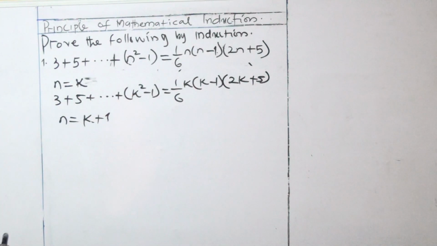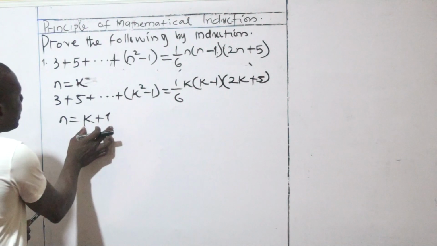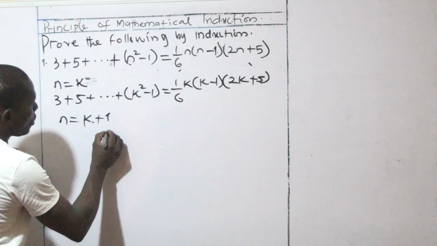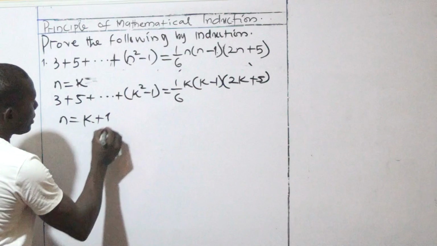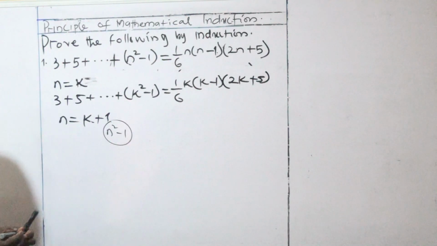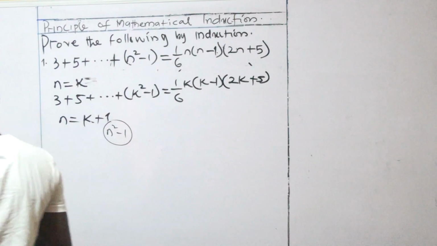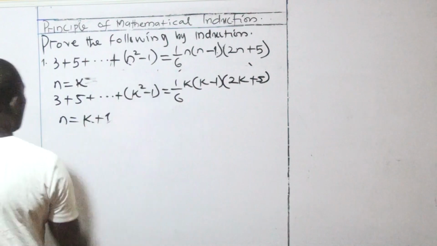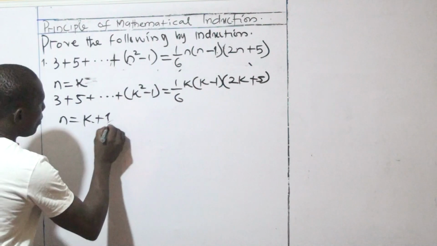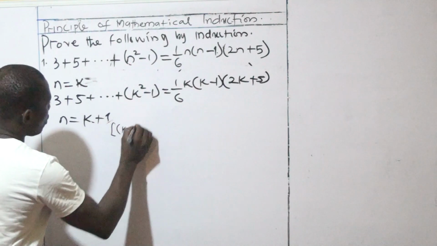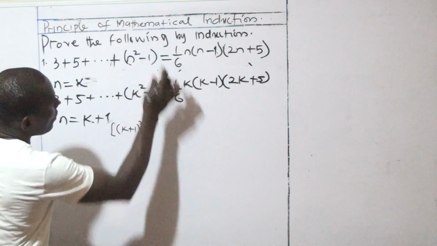So in place of n in this n squared minus 1, you put k plus 1. Wherever we see n in this place, we replace it with k plus 1. So this becomes k plus 1 squared, and we have a minus 1 here.